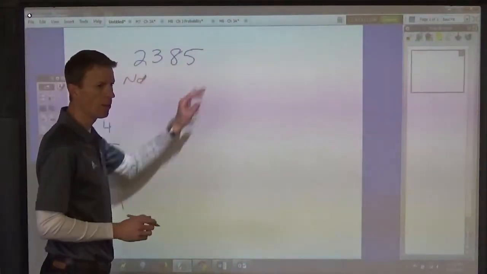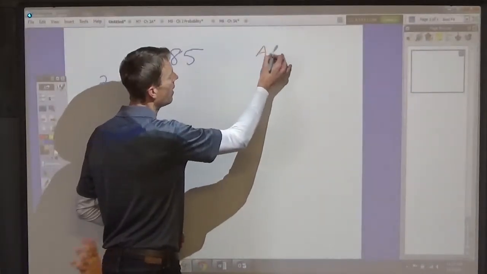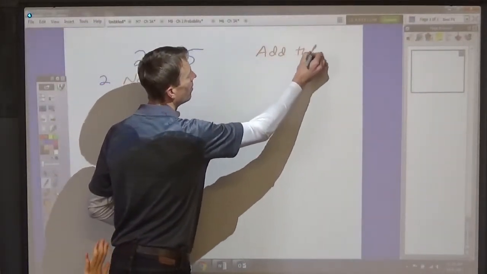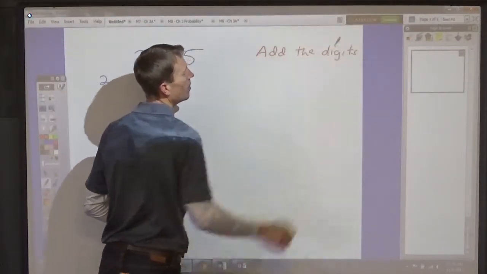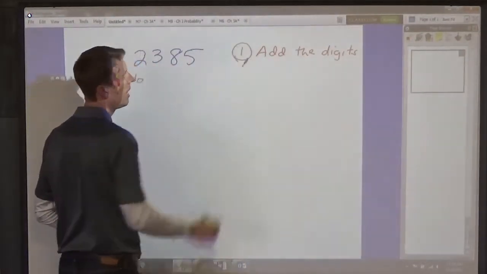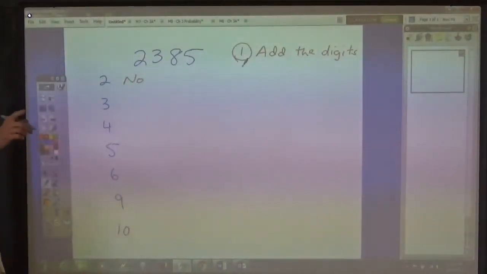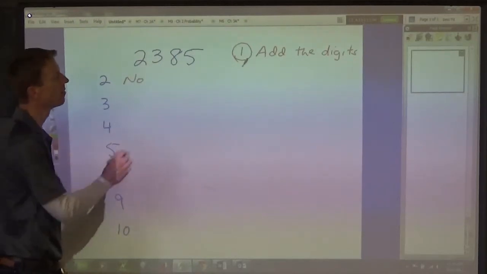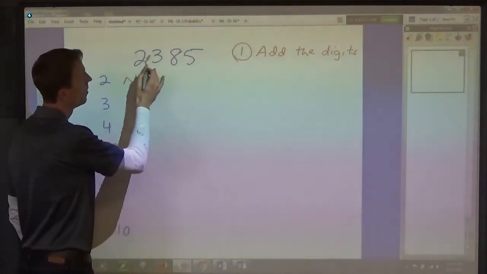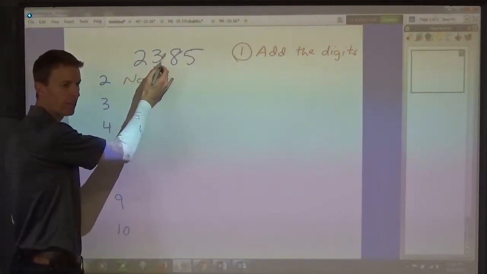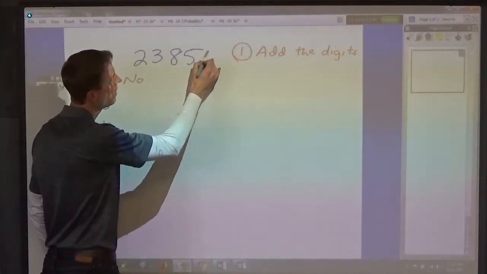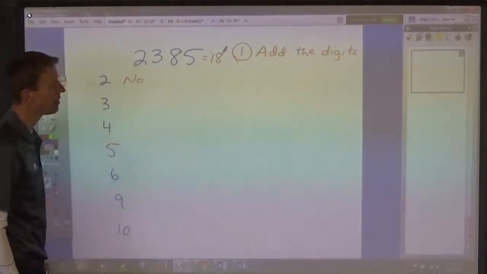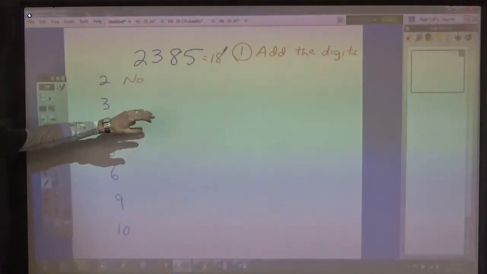One thing that you should always do is add the digits. Yes, it is divisible. Okay? Add the digits. Is it divisible by 3? What's the sum of the digits? 18. Yeah, 2 plus 3 is 5, plus 8 is 13, plus 5 is 18. Is 18 divisible by 3?